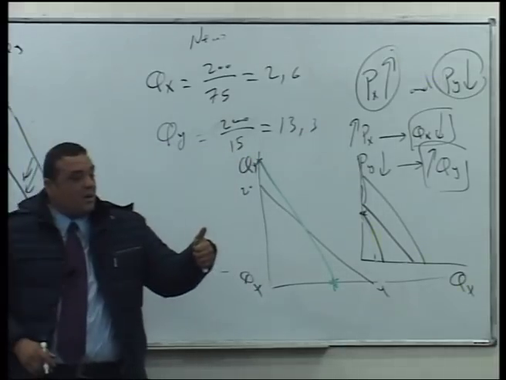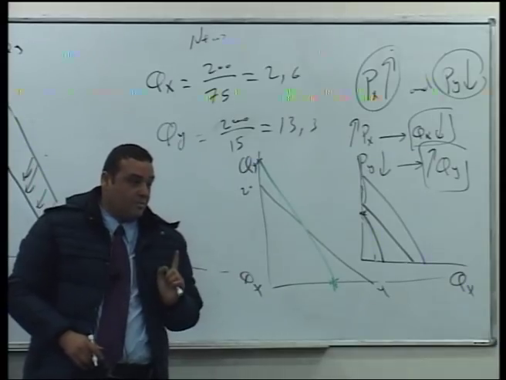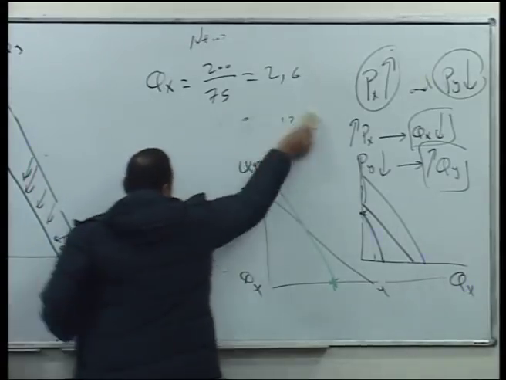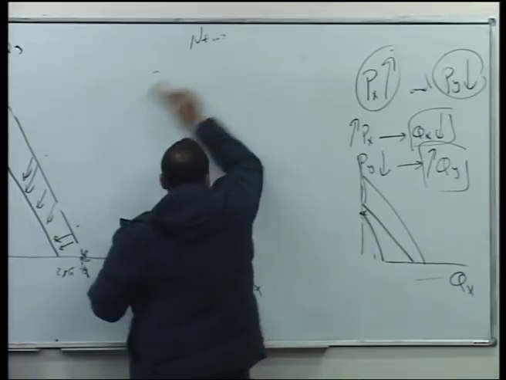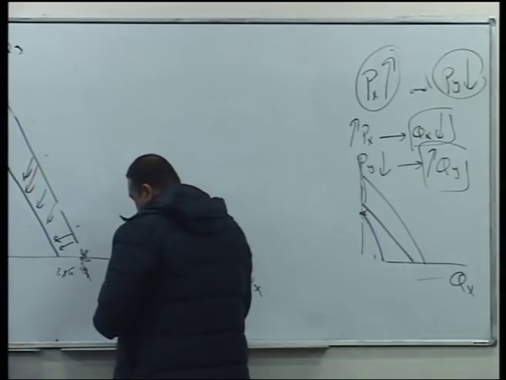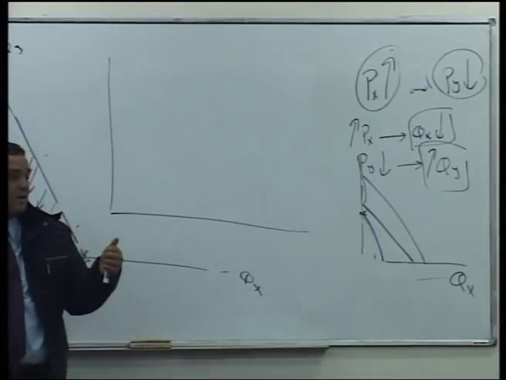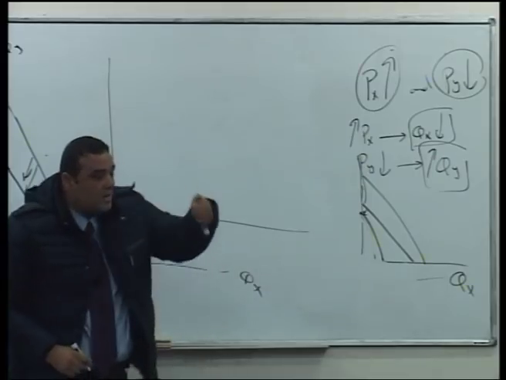Steeper means higher slope. Flatter means lower slope. Let's explain the point here. Steeper means this curve has a higher slope.